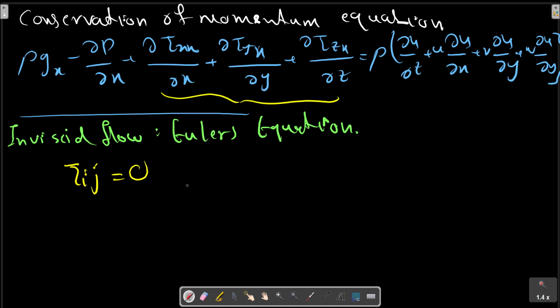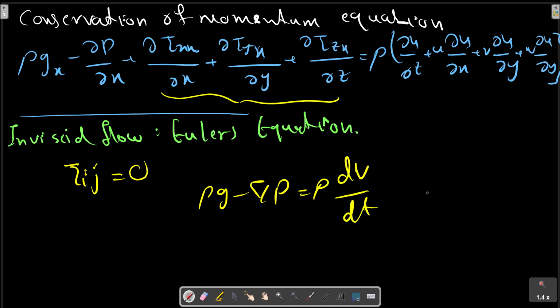So we have the new relation for the momentum equation, which is rho g minus gradient p equals rho dV on dt. The viscous term is eliminated from the relation. This is Euler's equation for inviscid flow.